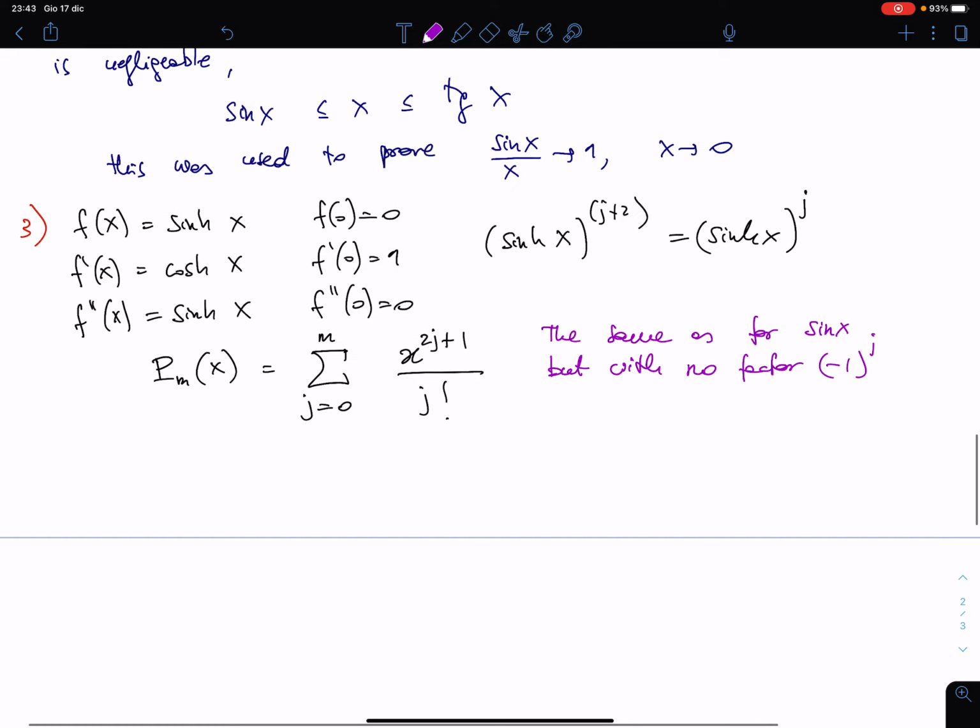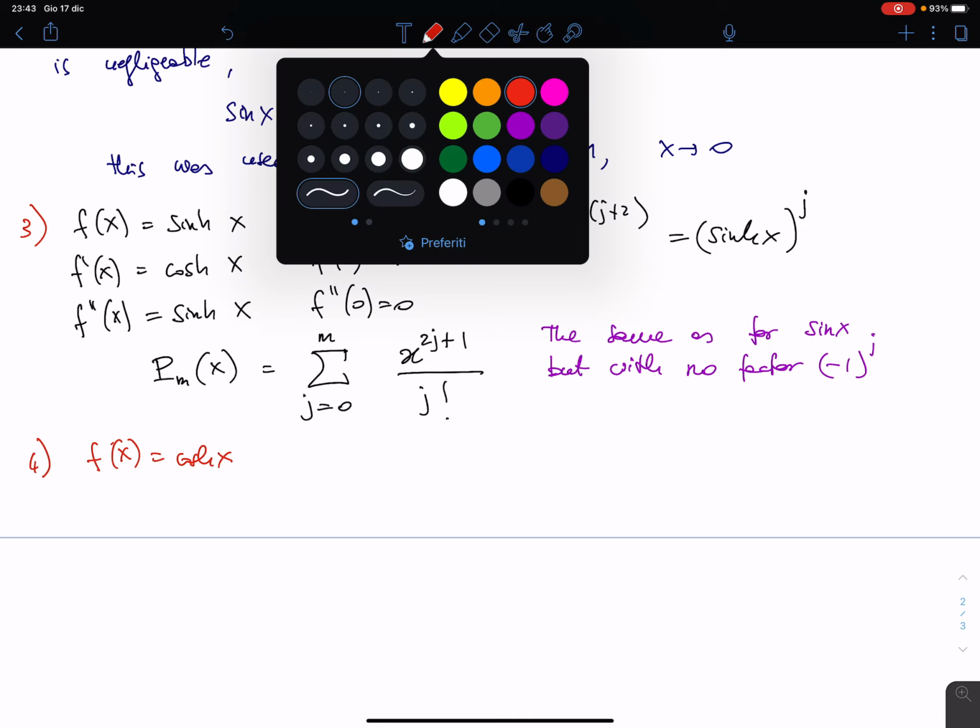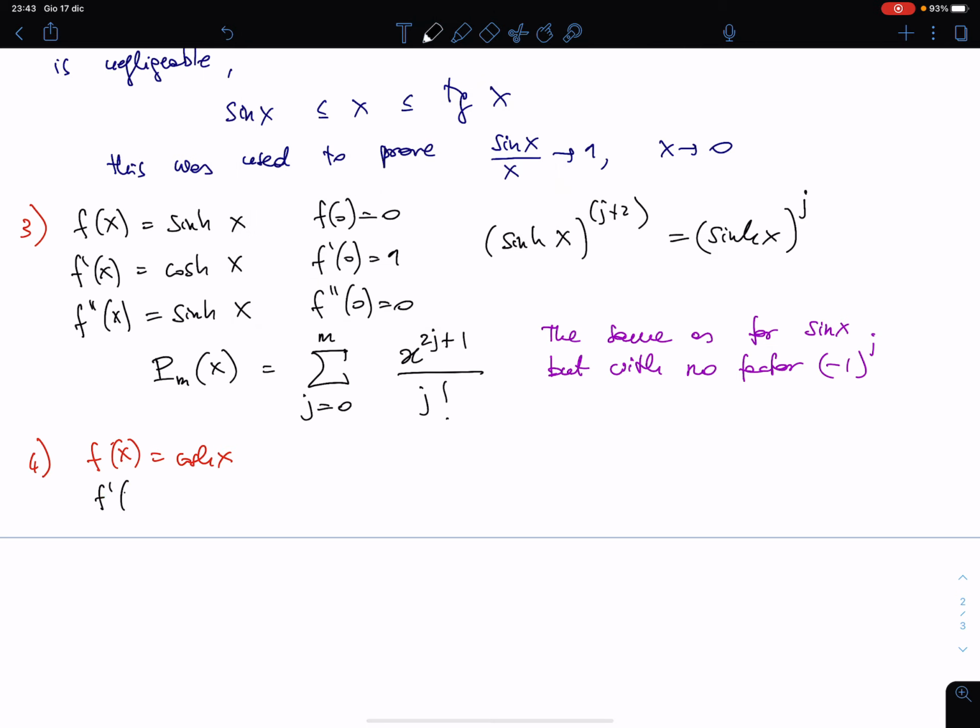And the very same thing happens for f of x equal to the hyperbolic cosine of x, because it is the same. So f prime is the hyperbolic sine of x, f second the hyperbolic cosine of x, and f of 0 is equal to 1, f prime of 0 is equal to 0, f second of 0 is equal to 1.